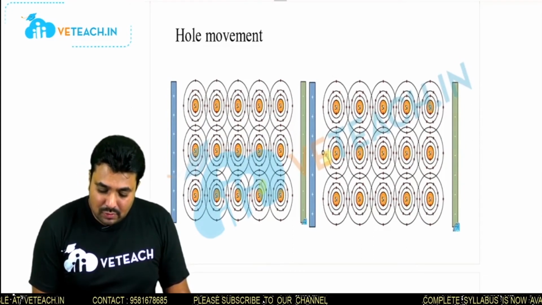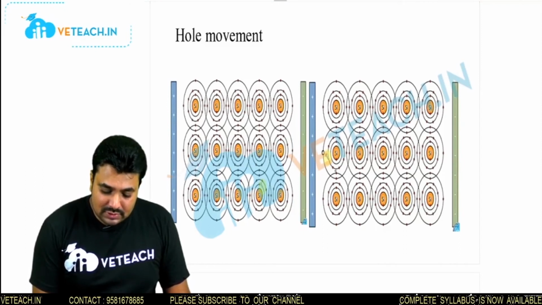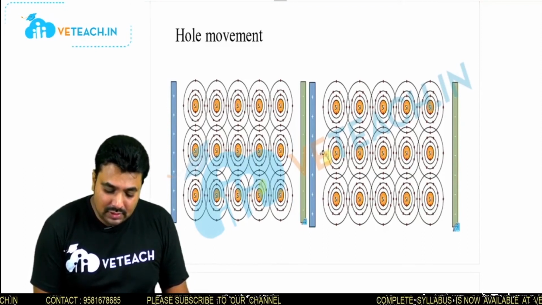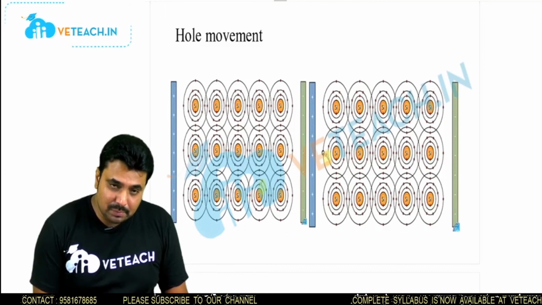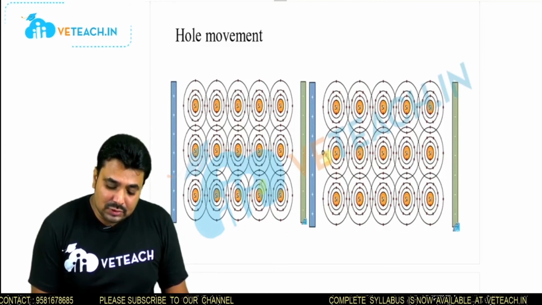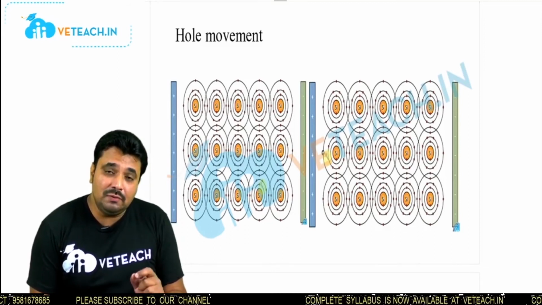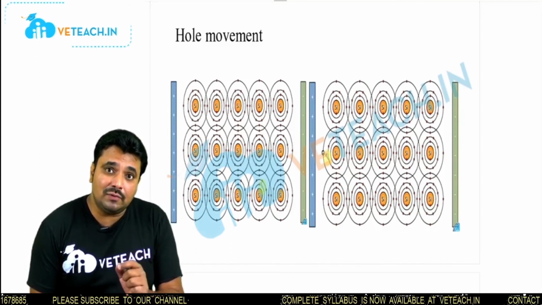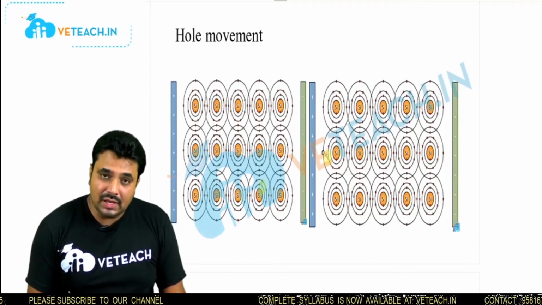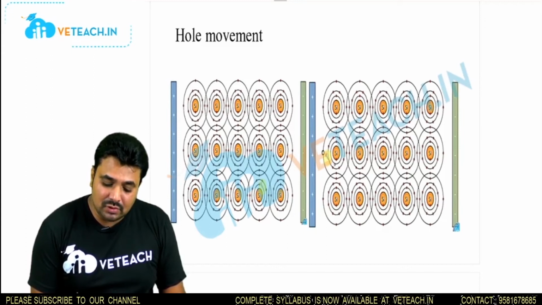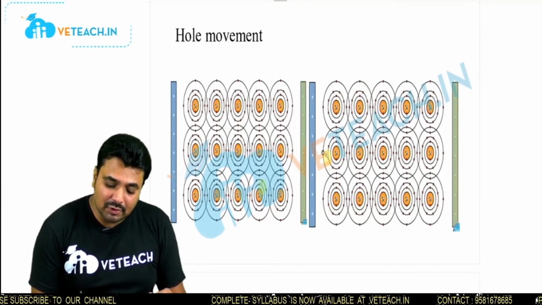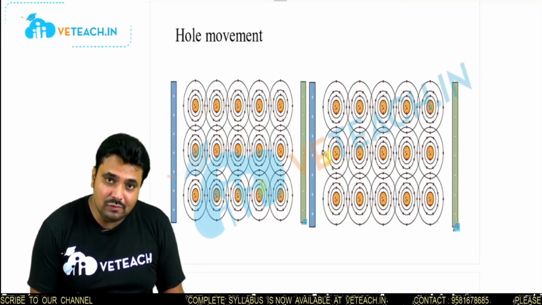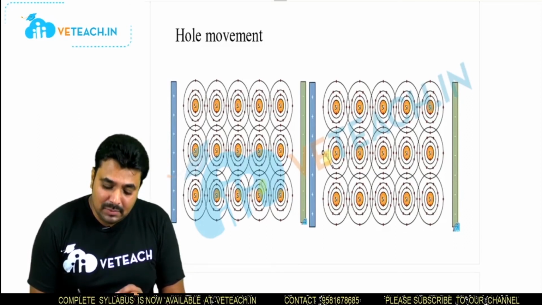So here the hole is moving like this. Once the hole moves from one place to another, be clear that this hole is again going to be filled with another electron from a covalent bond. It may be any other electron beside this hole; that electron will fill this hole, and a new hole will be created there.